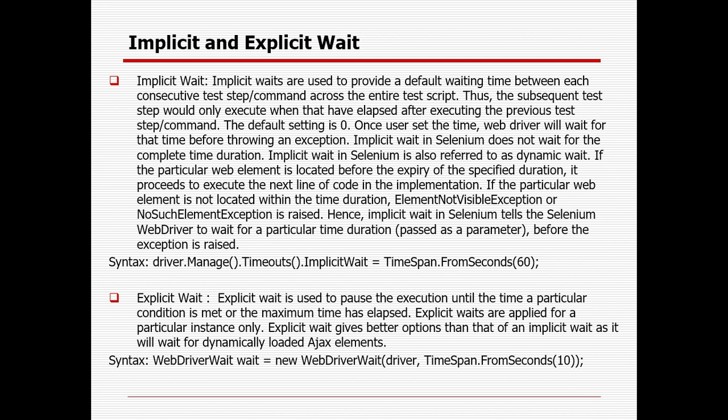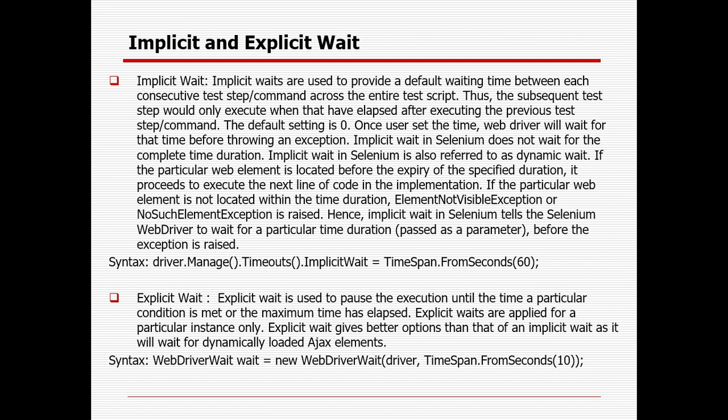Suppose in a page there are 100 elements, but definitely you are not performing the operation for 100 elements. Sometimes you need to perform the operation for only one element, right? So you can go for the explicit wait where you can give the condition for that element. In case the element is visible, the element is enabled, and you are able to perform the operation on the element, then you can proceed to the next step, right?